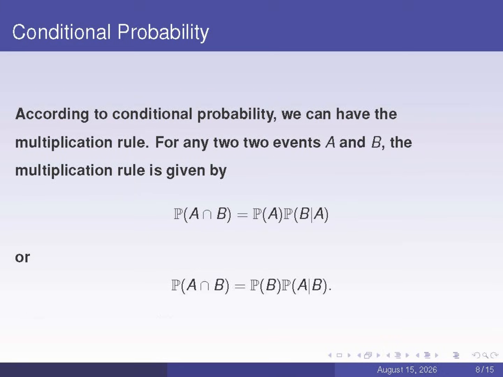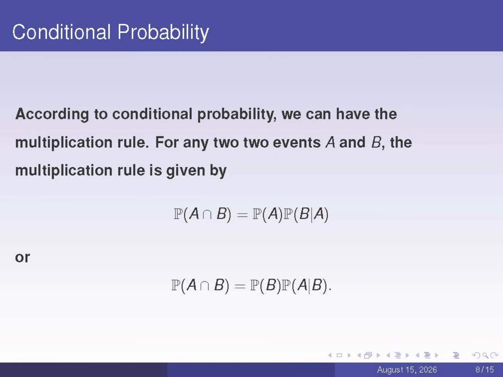We can rewrite the definition of conditional probability to obtain the mathematical expressions on the third to last line and the final line. This approach of using conditional probability to compute the probability of events A and B occurring simultaneously is known as the multiplication rule.